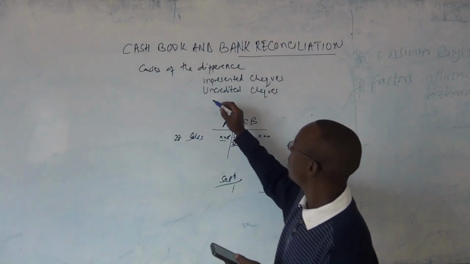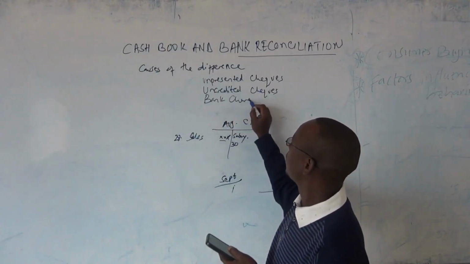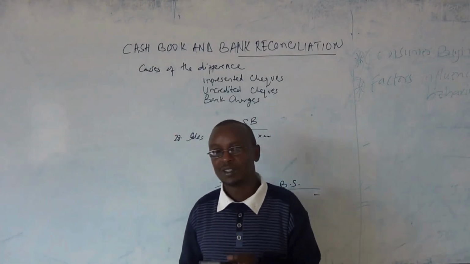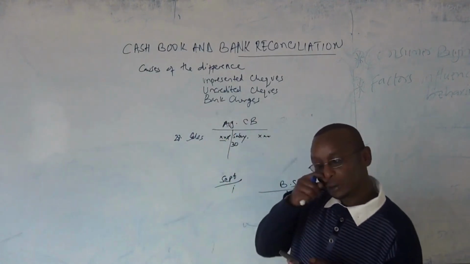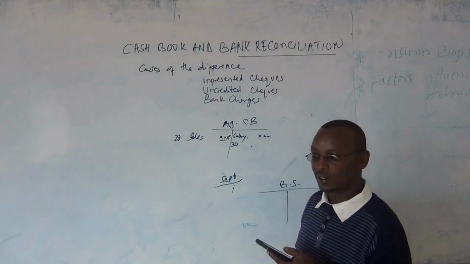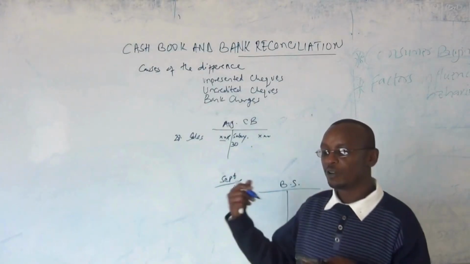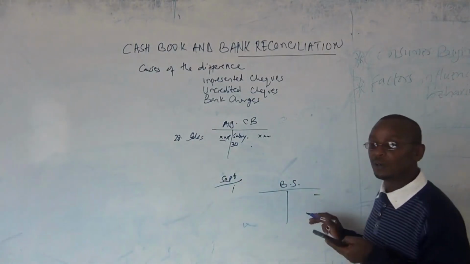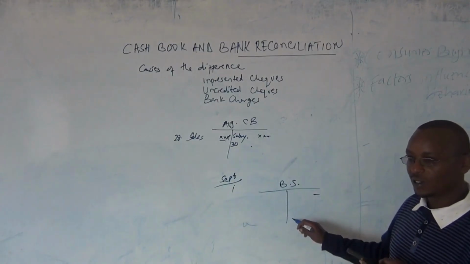Then we have bank charges. Our banks charge for their service, and we don't know exactly what amount it is in our cash book, because to process a check, maybe it's 200, issuing of a checkbook and so on. So at the end of the period, when you take the statement, that is when you find the charges have been put there. Check clearing and other bank charges, okay?